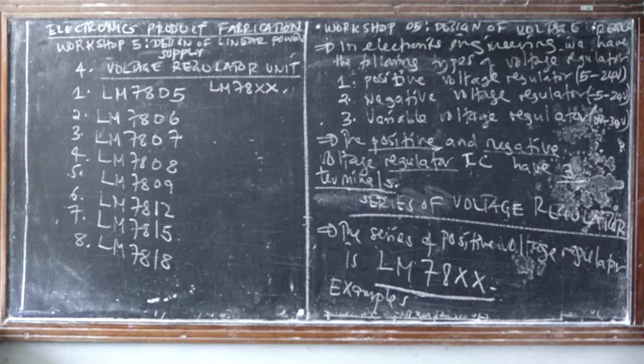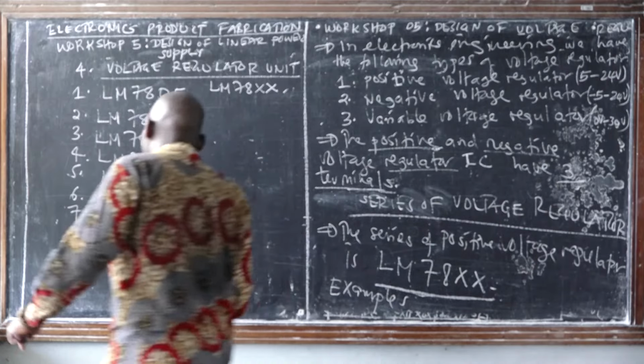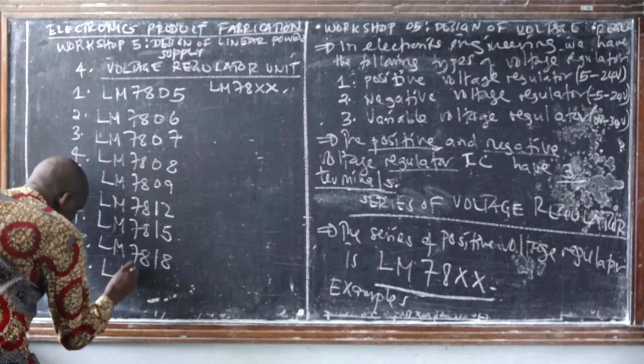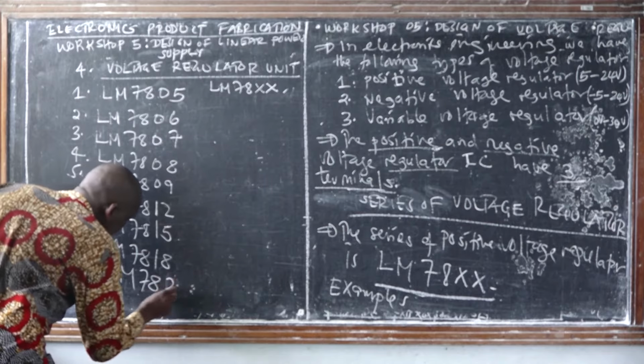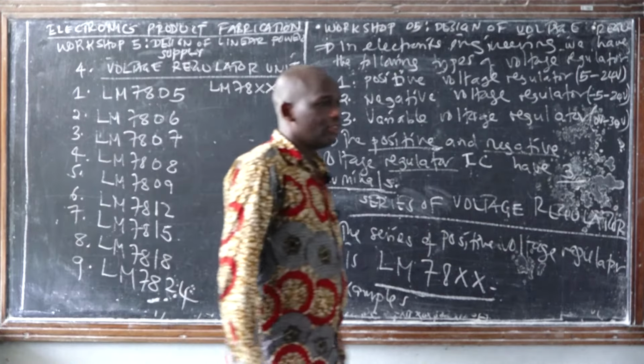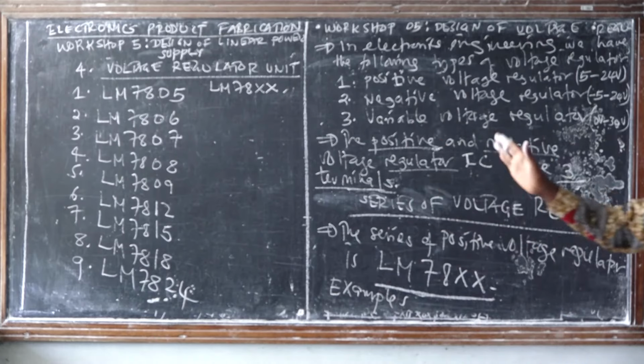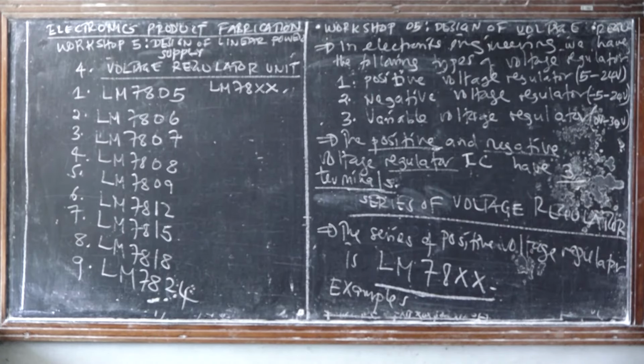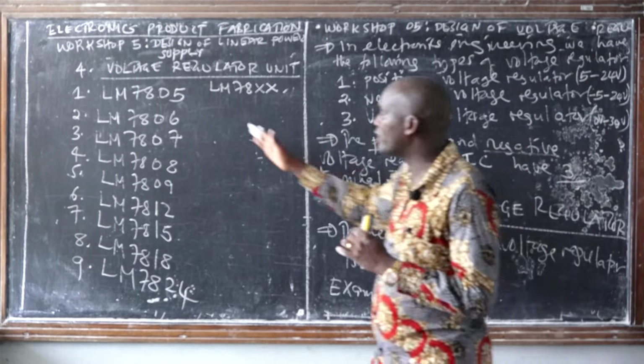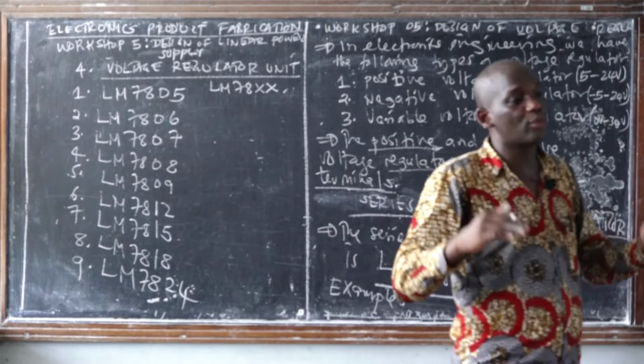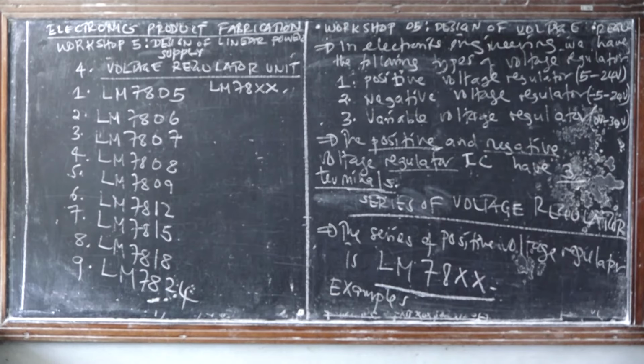Okay? Then the last one, example 9, we have LM7824. Don't relate what the voltage regulator provides with what the step-down transformer provides. We have spoken about the specification of the transformer. We are done with the step-down transformer. Now we are talking about voltage regulators. Are we together?